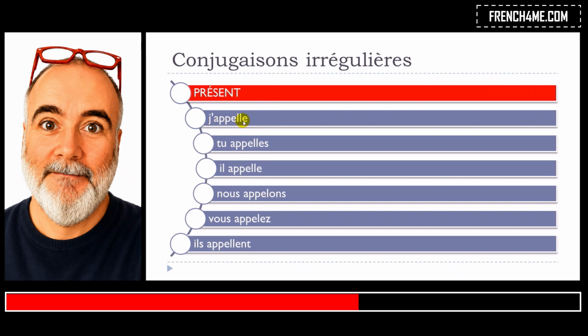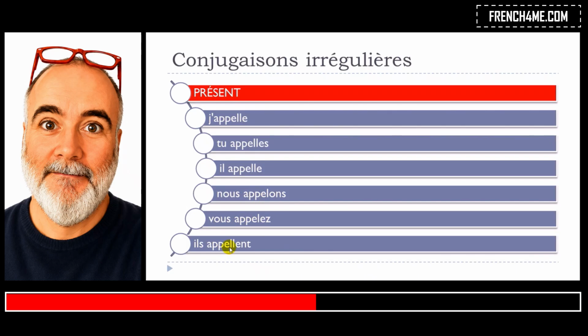That's the reason why you will get the sound E. J'appelle, tu appelles, il appelle, and now for nous and vous, they follow the rule, but you keep only one L, so you get the sound appelons. This E is mute or silent, appelons, and then vous appelez.